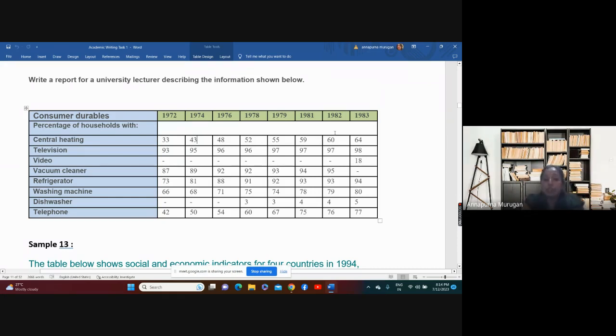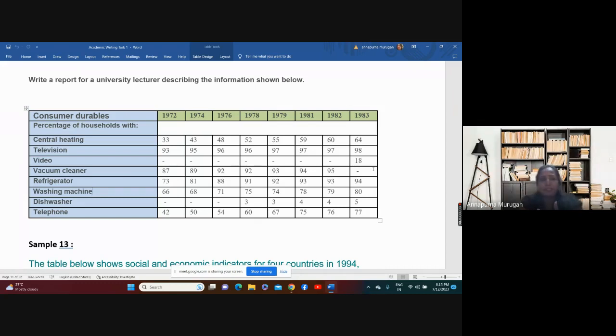Other than those generic things, you can see that in most of the cases the same thing is happening. The same trend is happening. If the same trend is happening in most of the cases, do you think you need to repeat all of these things in your sentence? It is of no use. You are making your writing redundant.